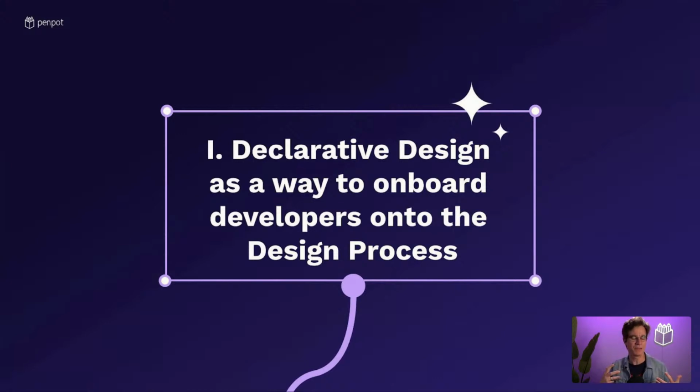I think we have been suffering from this silo mentality where designers come from Venus and developers come from Mars. And part of this problem is due to the fact that we have built design and prototyping tools using this imperative design paradigm instead of how the code world works, which is declarative design.